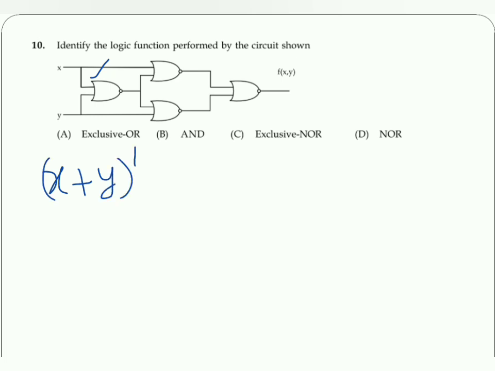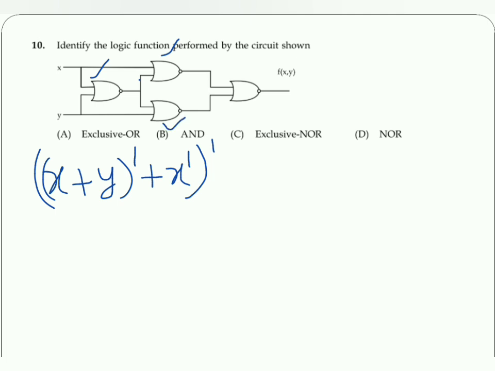Now consider the second NOR gate. We already know the input of the y value here. So the x value is x dash, that is, (x plus x dash), and the y value is (x plus y) dash, whole dash. So performing the NOR of these 2 elements.